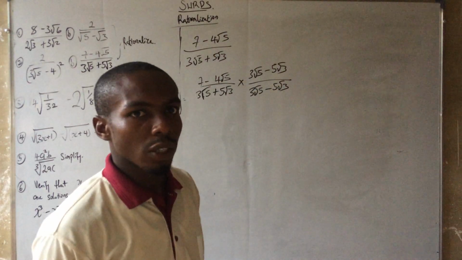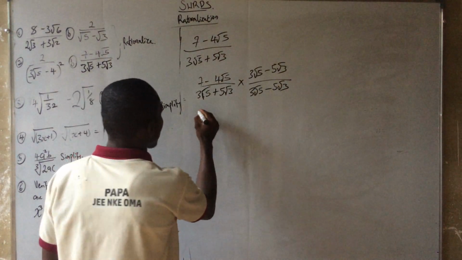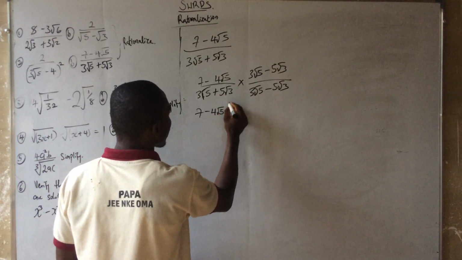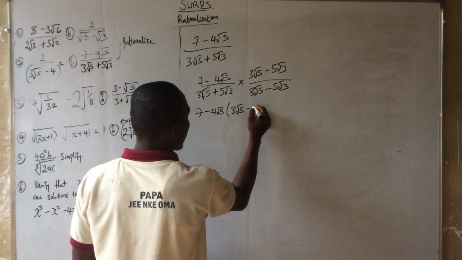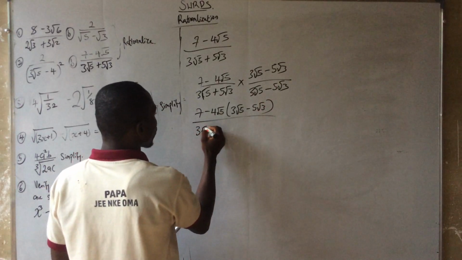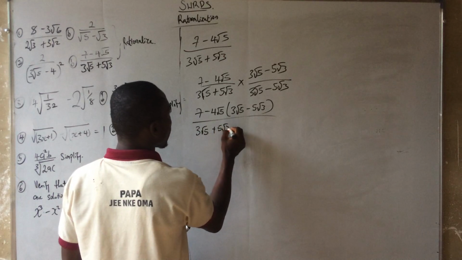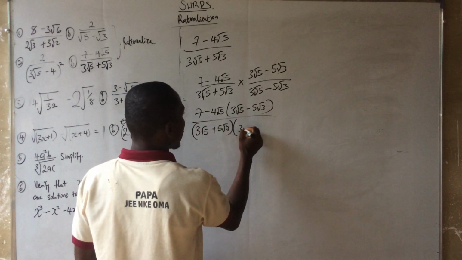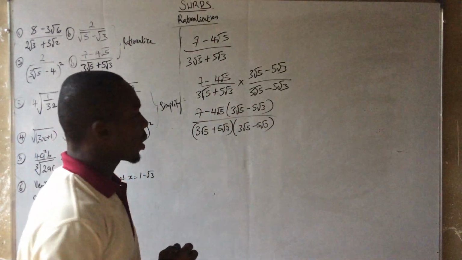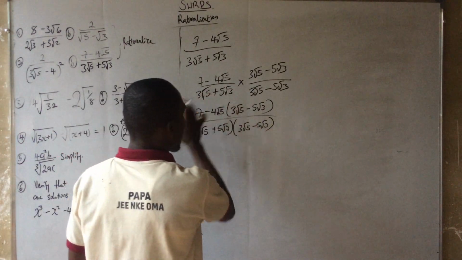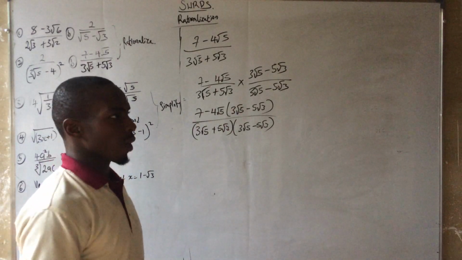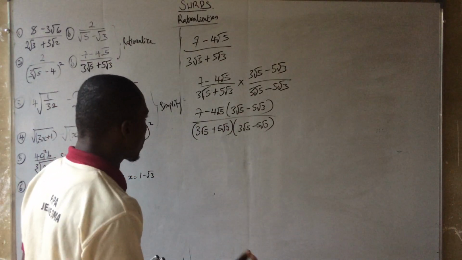So the next thing we're going to do here now is to carry out the multiplication. Multiply them out. 7 minus 4 root 5 bracket 3 root 5 minus 5 root 3 all over 3 root 5 plus 5 root 3 bracket 3 root 5 minus 5 root 3. So what is next I'm going to do here now? This one is in the form of a plus b, a minus b, so I'll just put it in the form of a square minus b square.